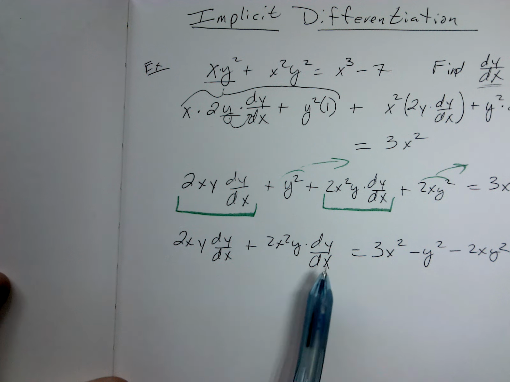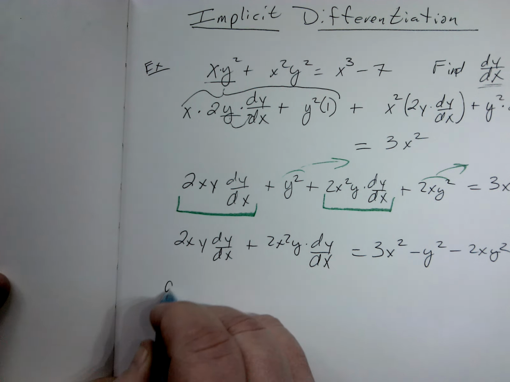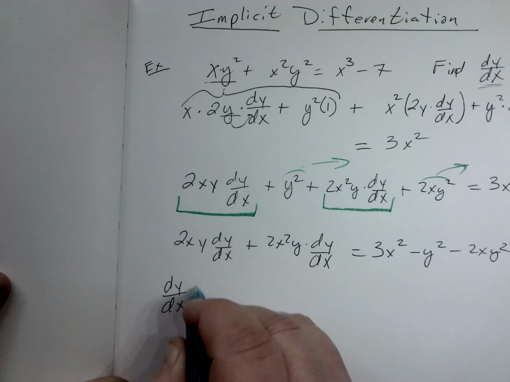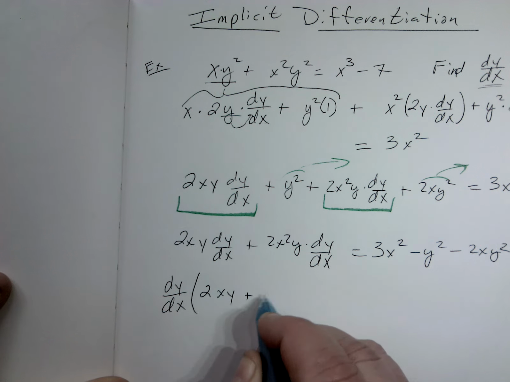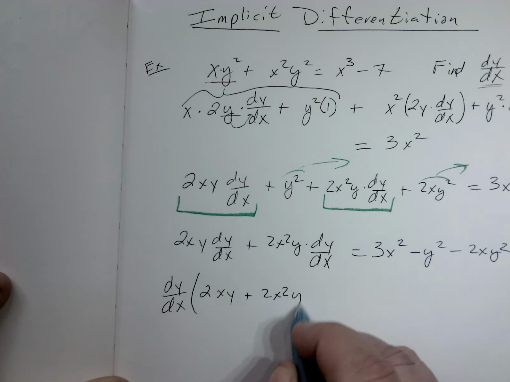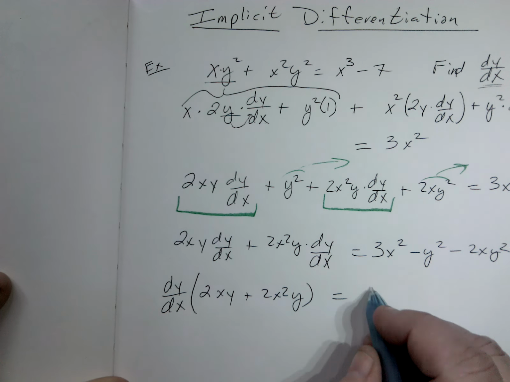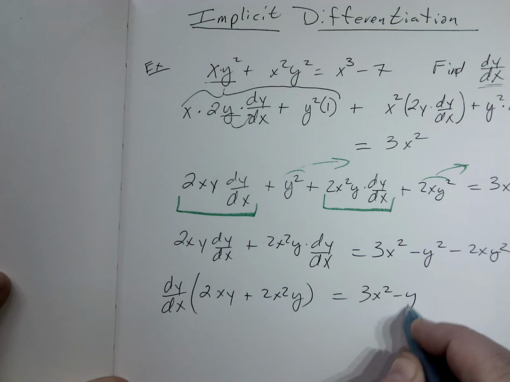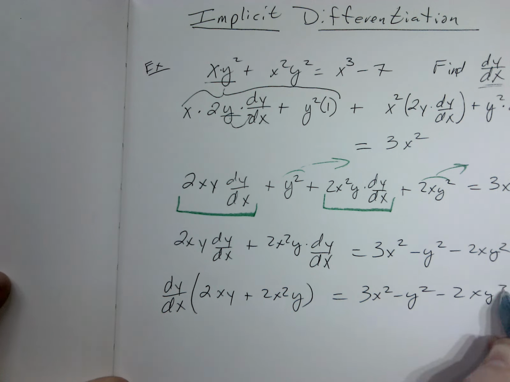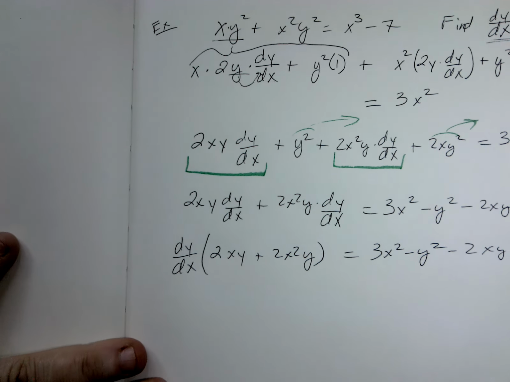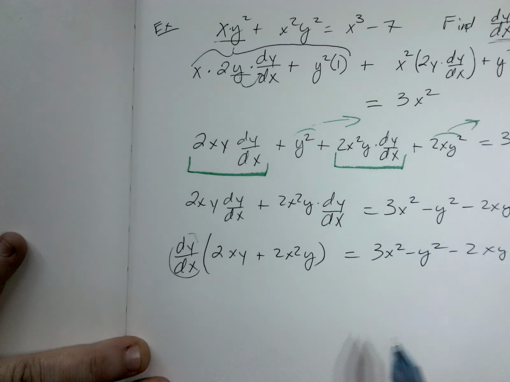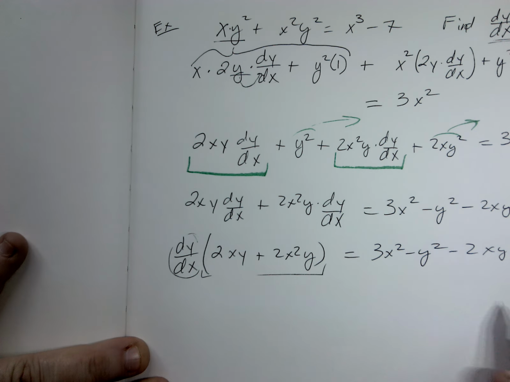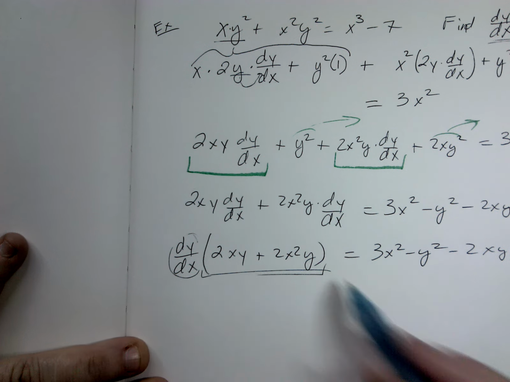So now we've got our dy/dx's on the left, our non-dy/dx's on the right. To solve, I need to factor out the dy/dx. I have dy/dx times 2xy plus 2x squared y equals, and copy all that over again. Now, just like when you have 2x equals 4, you divide by the 2, I've got the thing I'm solving for times something gross. I'm just going to divide both sides by this gross thing.